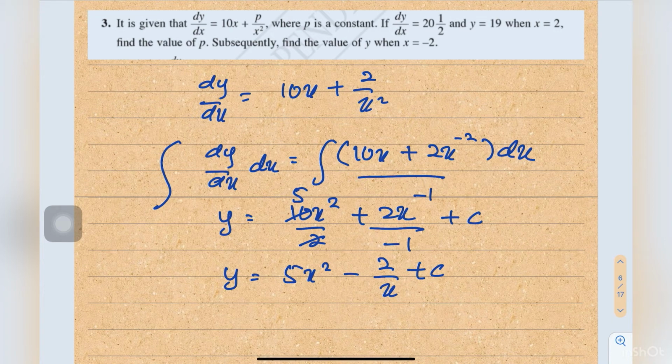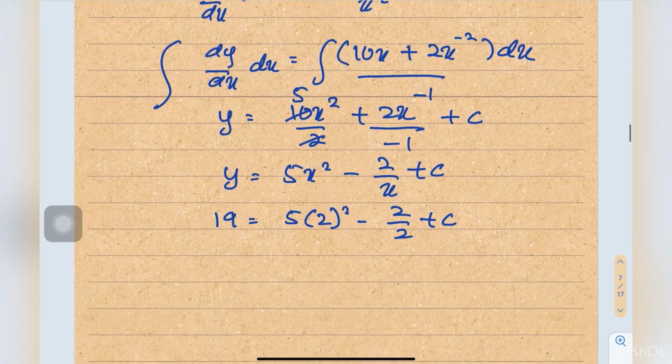Okay, so we need to find the value of c first. Now, given the information previously, y is 19 when x is 2. So we substitute y equals 19 when x equals 2: 5 times 2 squared minus 2 over 2 plus c.